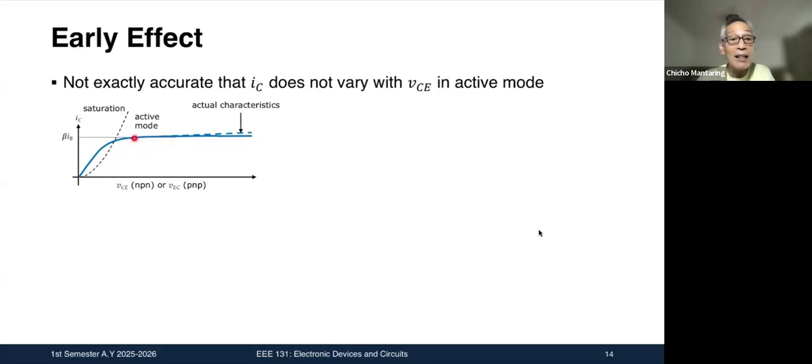What actually happens is that this has a slight slope. The dotted line is the actual. It has a slight slope.